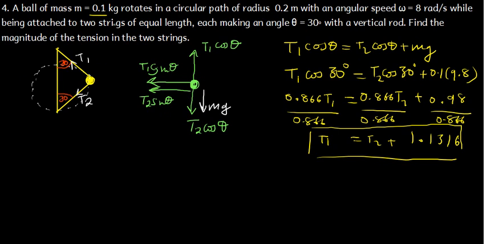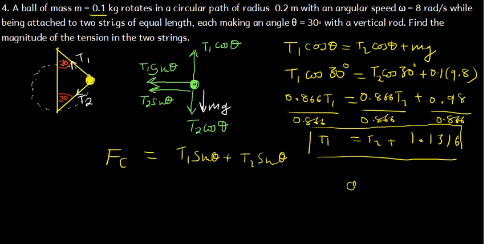And so T1 sin theta and T2 sin theta are responsible for the force that is pulling this ball towards the center of this circle. That means the centripetal force, the force that pulls things towards the center, is going to be equal to the sum of these two, because they are the ones which are pulling this thing towards the center. So it will be equal to T1 sin theta plus T2 sin theta.